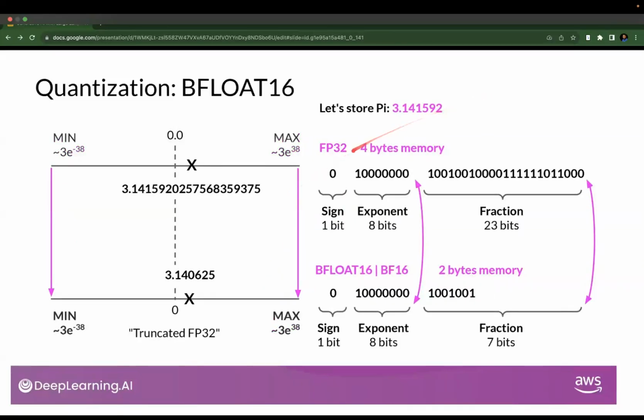As an example, FP32 uses 32 bits. One bit is for the sign, positive or negative, 8 bits for the exponent, and 23 bits to represent the fraction part. It is able to have a minimum value from this to a maximum of here.